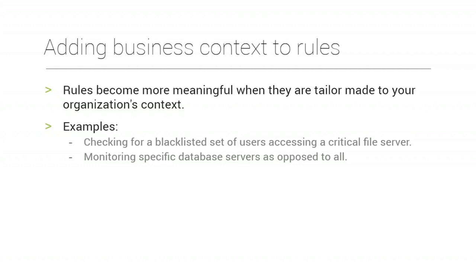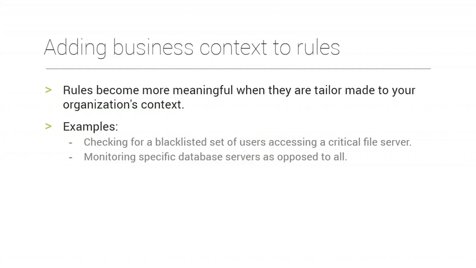So you can set up correlation rules to alert you only if these specific users are active on a critical file server. Okay, and of course it's not just limited to users. You can also set conditions on several other parameters like the devices involved or IP addresses and things like that.